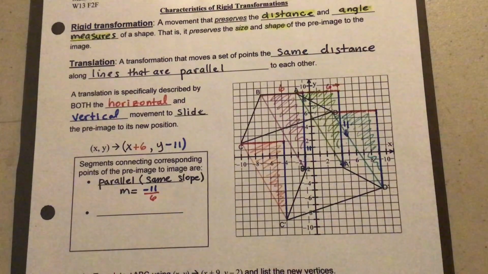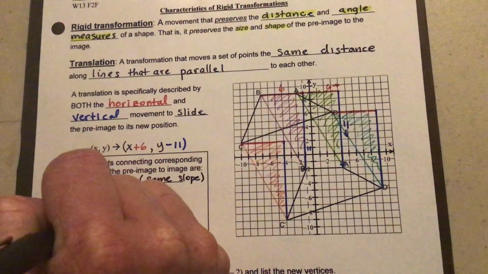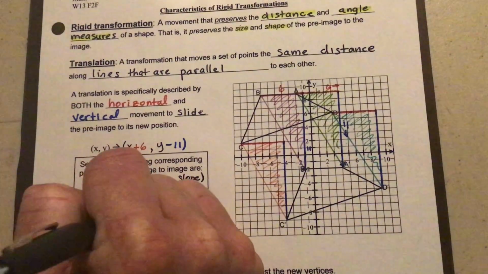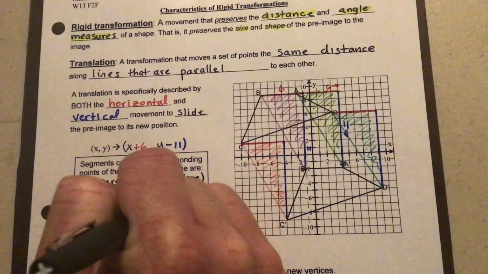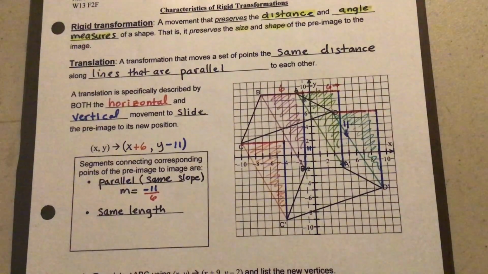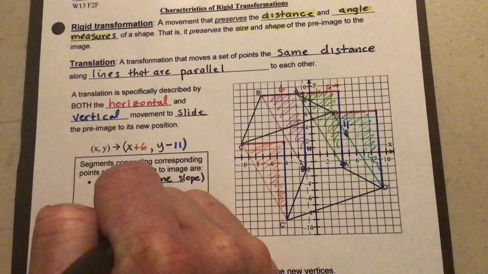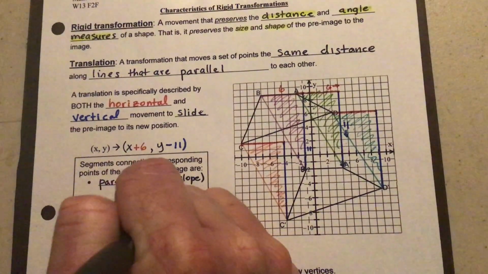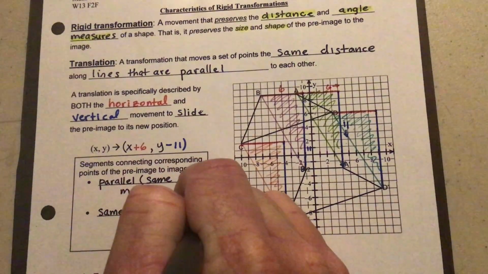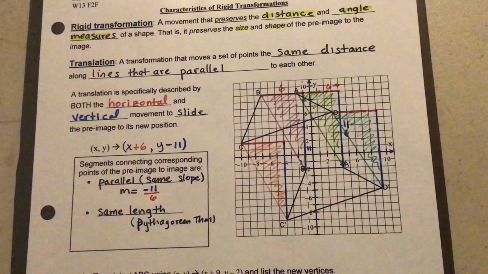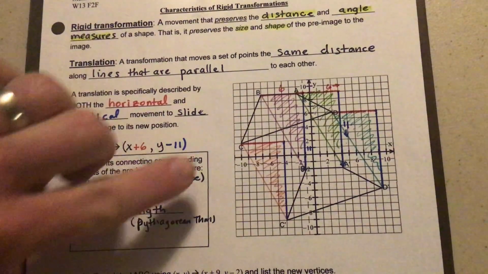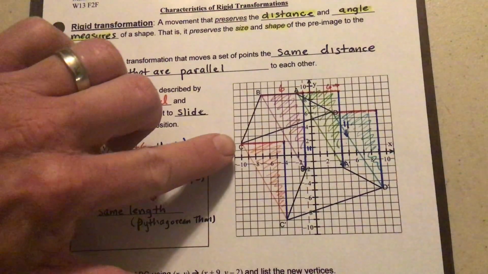Now the other thing that's going to stand out is all four of those segments are going to have the same length. Now slope does not prove length. Instead, to find a diagonal length, you need to talk Pythagorean theorem. And by the Pythagorean theorem, that is, if we look at the right triangles I drew here, and that's actually why I drew them in, you're going to see that all of them have the same corresponding legs.